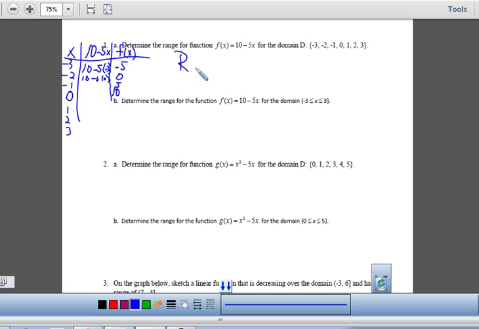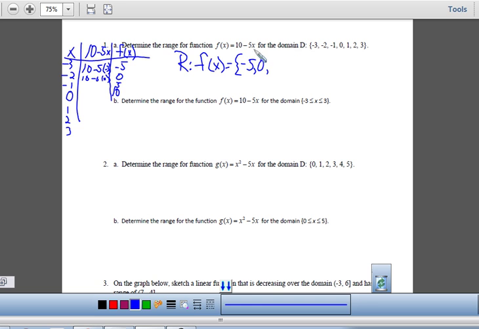So the range is f of x equals, because we have a definite set of points, a roster. We go from -5, counting by 5s, all the way up to 25.